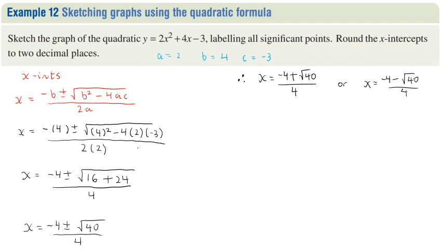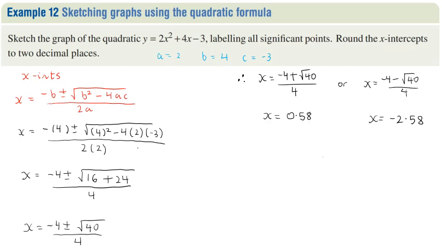So you might be thinking, how am I going to sketch those x-intercepts? It's not nice numbers we're dealing with, so just pop it in the calculator. If you put it in the calculator, that will give us x equals 0.58 or x equals negative 2.58.